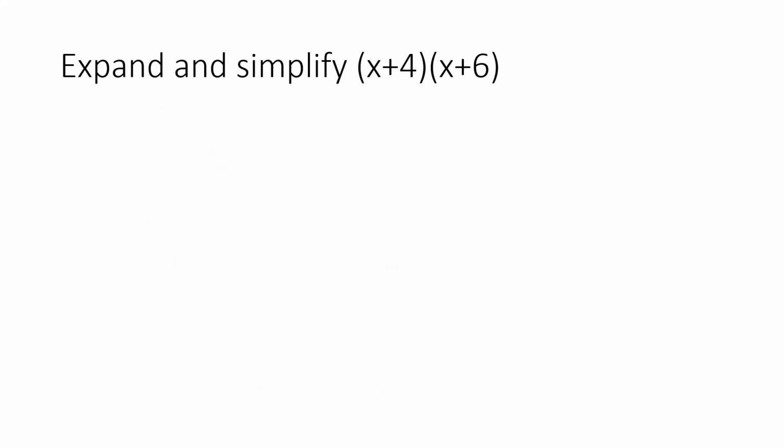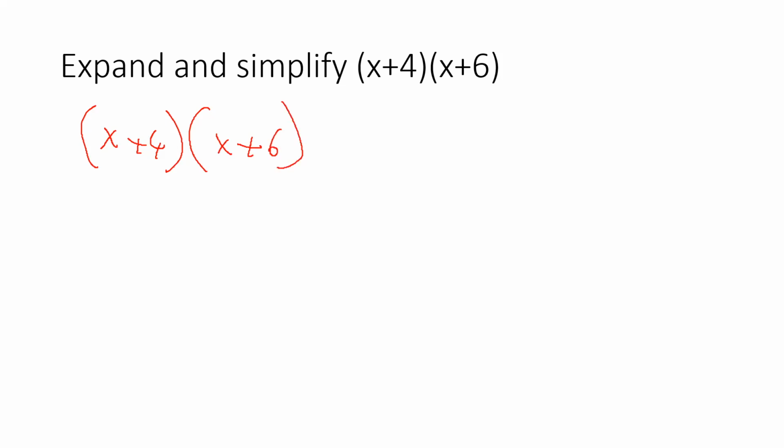Okay. The final type of expansion that I will show off today is what about double brackets? This one we're doing x plus 4 multiplied by x plus 6. How are we going to expand that? Okay, what we do is we just do exactly that. We multiply each of the terms by each of the terms. So let's say we have x plus 4 and x plus 6.